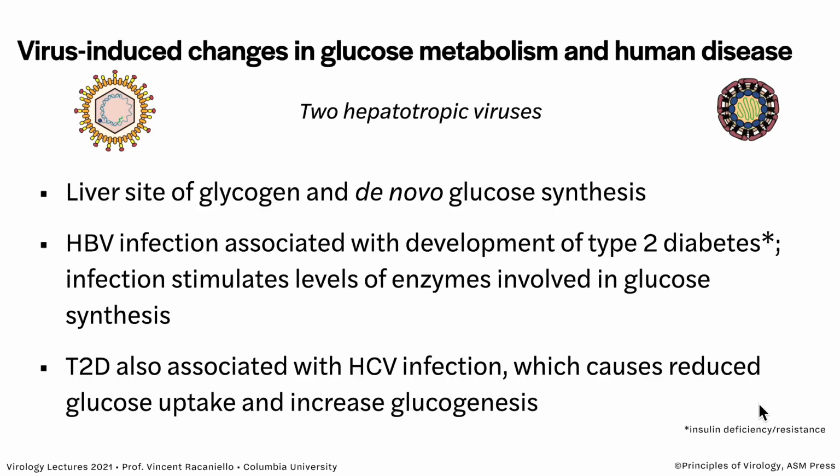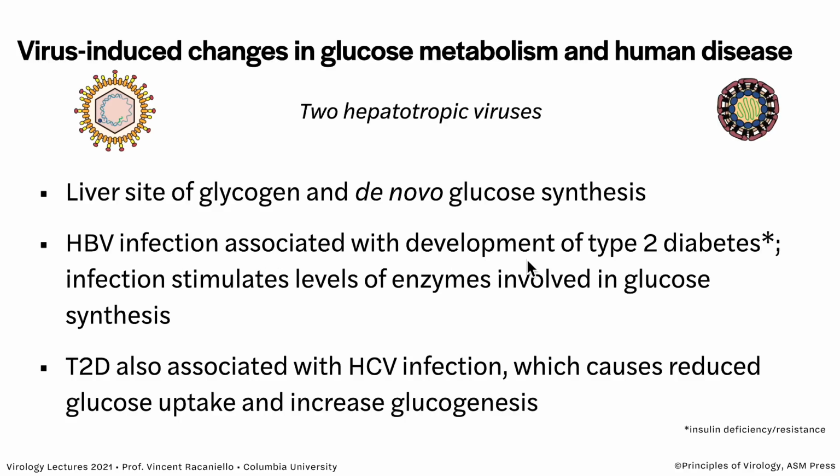alterations here. How about viruses that infect the liver? Could they change glucose metabolism and cause disease? So here, of course, the liver is where you make glycogen and where you make glucose. Gluconeogenesis happens in the liver, right? Now, hepatitis B virus is a liver-specific virus.